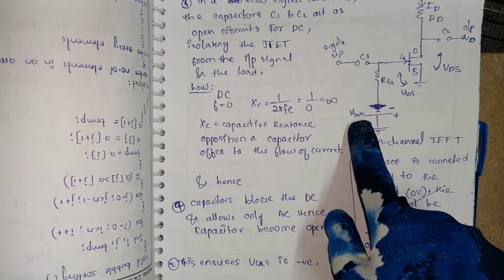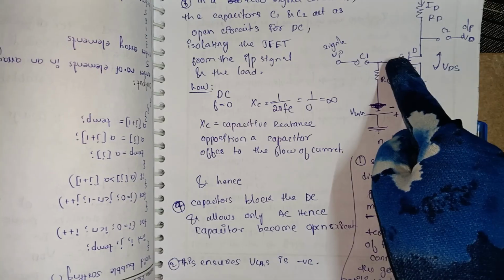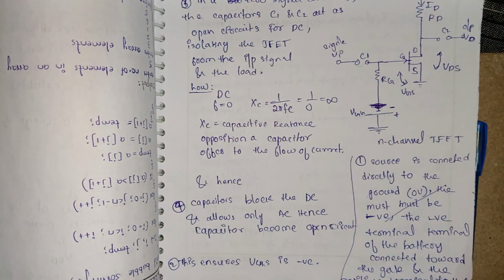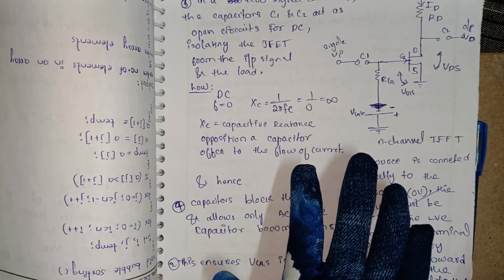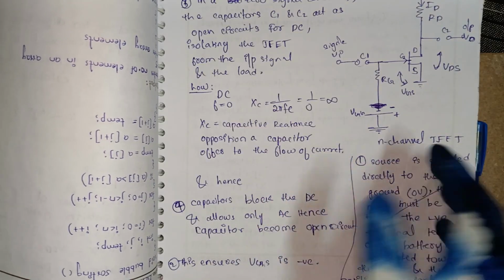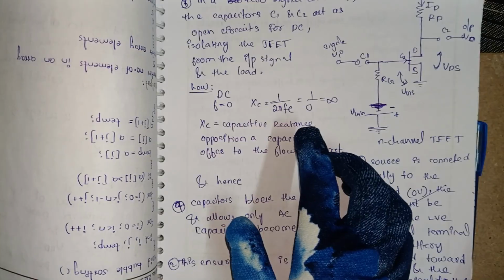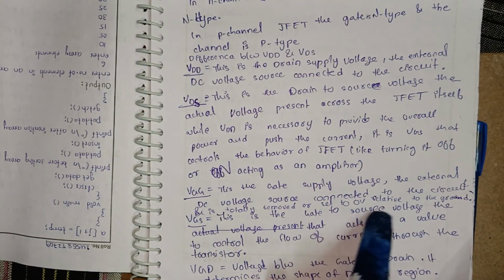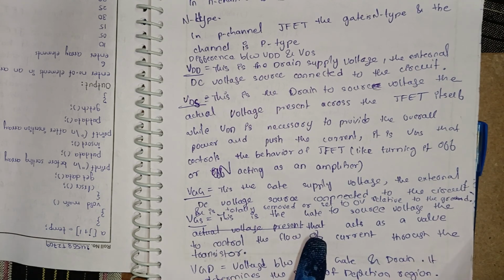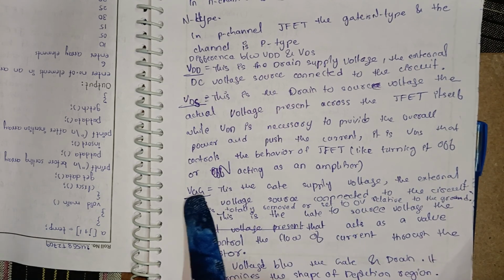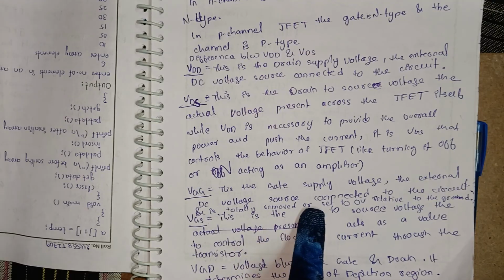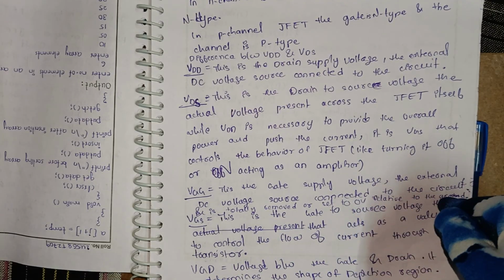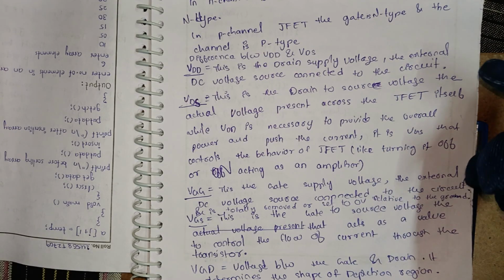So here it is connected to the gate, so it is the gate supply voltage, and it is also an external DC voltage. This is the gate to source voltage VGS and VGG. VGG is totally removed or set to 0 relative to the ground, except in fixed biasing.